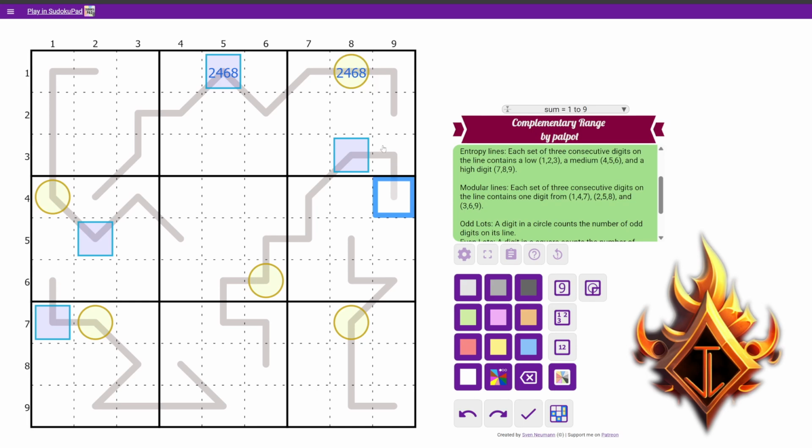Those are both even. 1, 2, 3, 4, 5, 6, 7, 8, 9, 10, 11. This will be an odd and an even number. 1, 2, 3, 4, 5, 6, 7, 8.